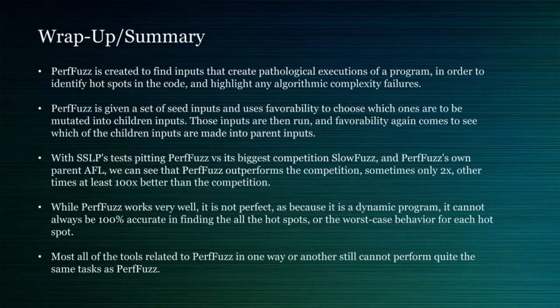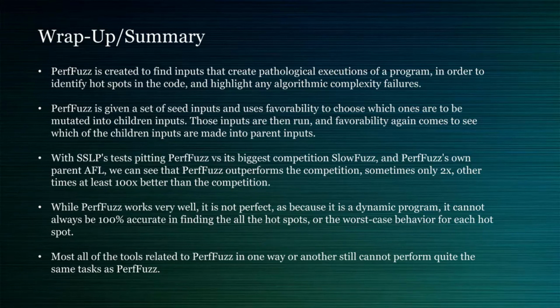So, just to wrap up everything, PerfFuzz is created to find inputs that create pathological executions of a program in order to identify hotspots in the code and highlight any algorithmic complexity failures. It does this by creating a performance map of each CFG edge in the program and keeps track of how many hits an edge would get with each input.